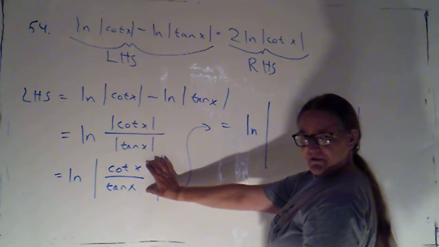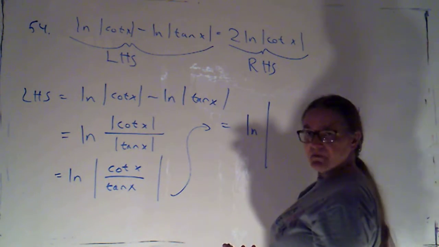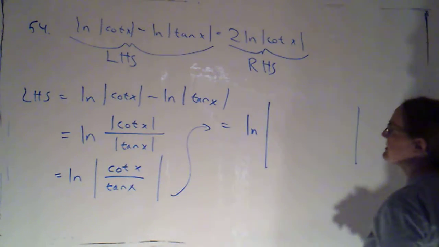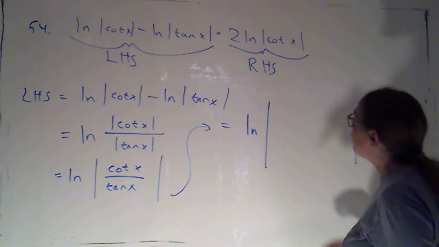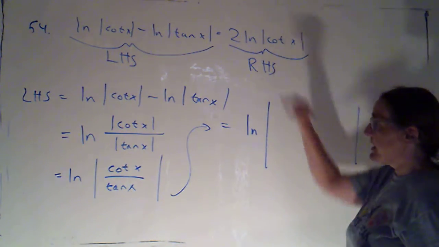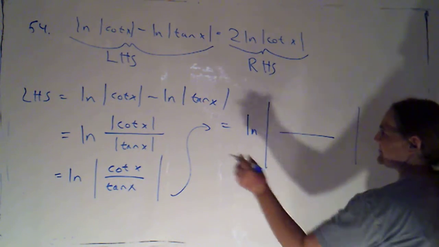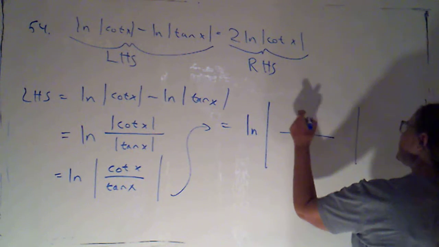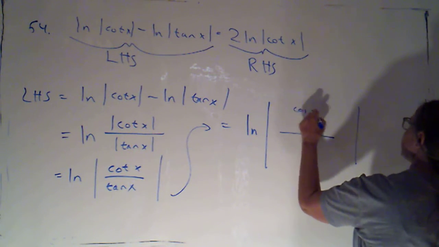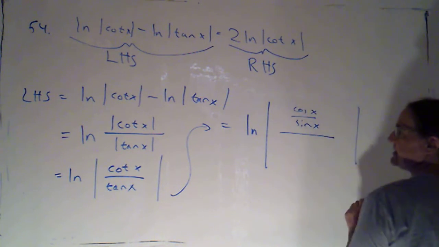I think to simplify this, I'm going to just write it in terms of sines and cosines. I don't have to. I could try to make it match that, but when in doubt, I always go to sines and cosines. Okay, so cotangent of x, that's cosine of x over sine of x.